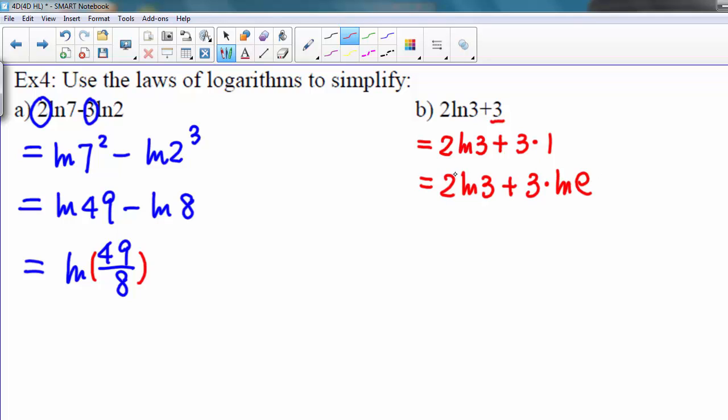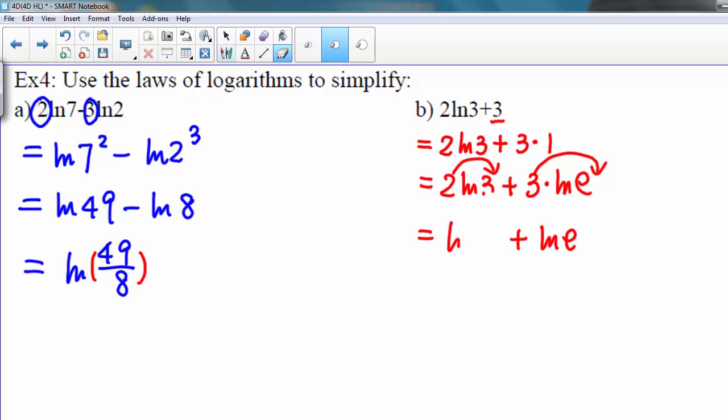Then I bring 2 and 3 both back to their individual exponent position after the argument. So this one should be 3 squared. So this is ln 3 squared plus ln e to the power of 3.